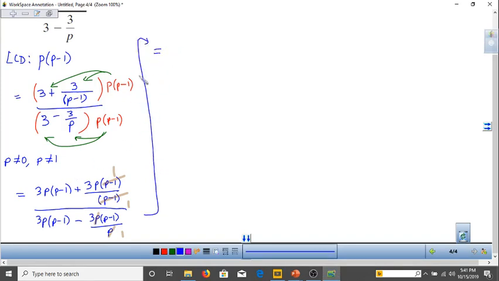So I'm going to distribute the 3p here, so we'll have 3p squared minus 3p plus 3p, that's this 3p here, and then divided by this 3p squared minus 3p minus, and I distribute this 3p plus 3, because I'm distributing this negative 3 into the parentheses here, and distributing this 3p here and this 3p here.